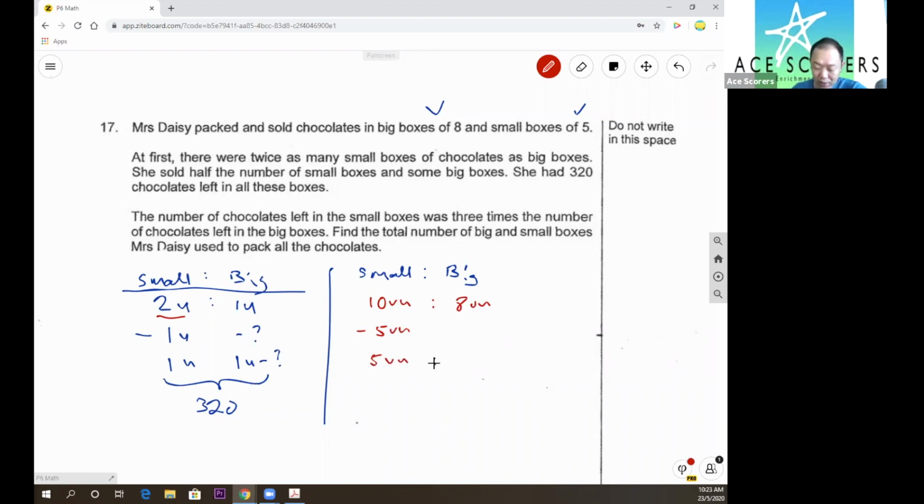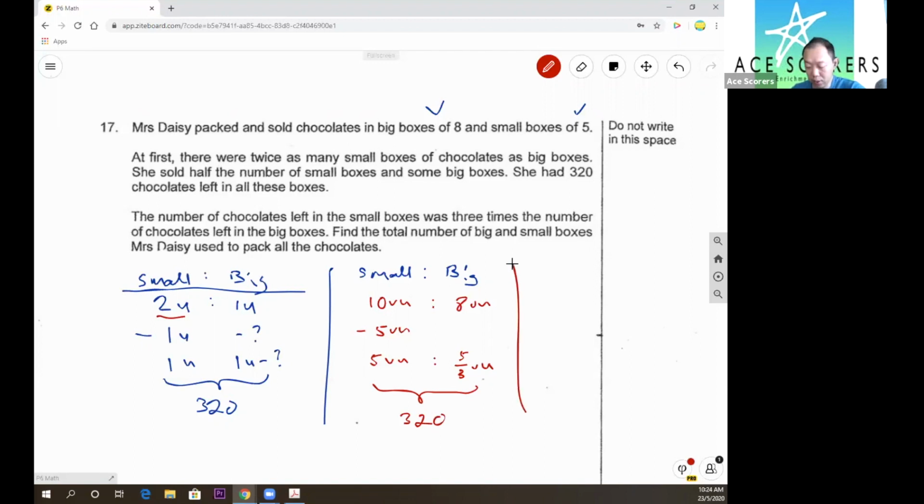They say the number here is 3 times, so this is actually 5 over 3 VU left. VU means I multiply with the number of chocolates inside. And this number is equal to 320. So 5 plus 5 over 3 is equivalent to 320.